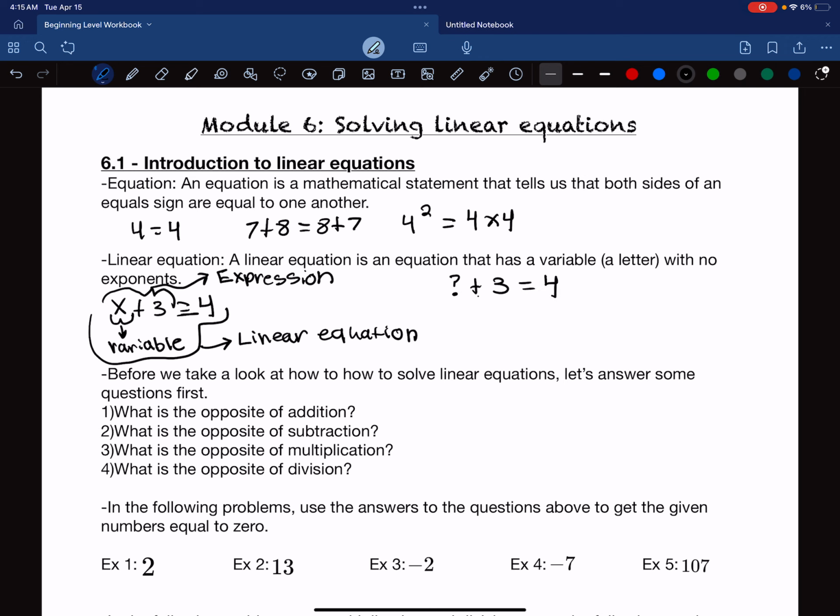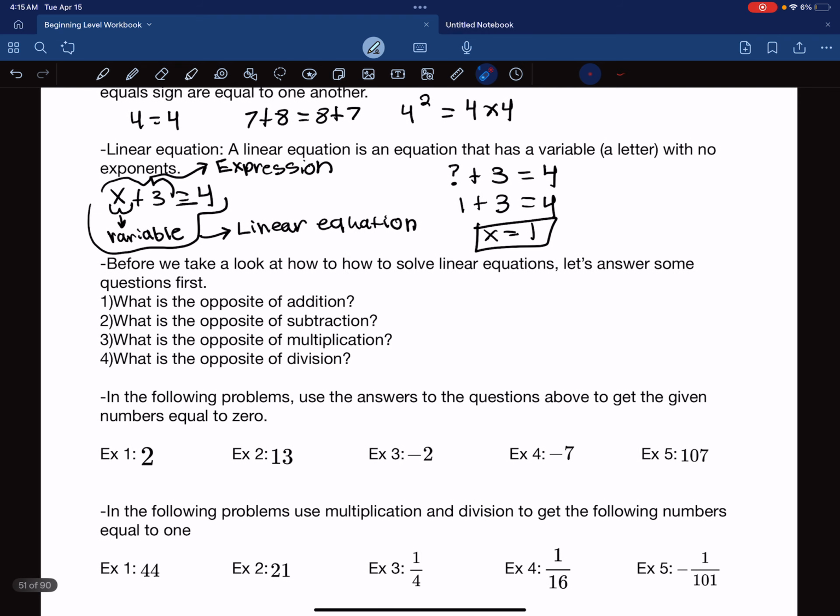What do we have to add to 3 to get to 4? We just have to add 1, because 1 plus 3 equals 4. So from that logic, we can say that x equals 1, and that is correct. We can logic our way through this. Letters or variables are just questions. They're just placeholders. That's all they are.